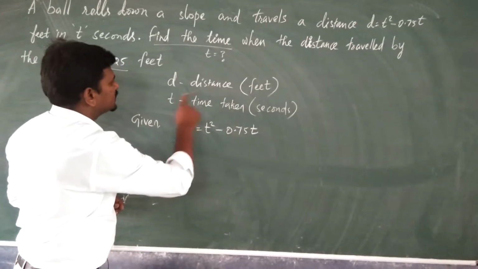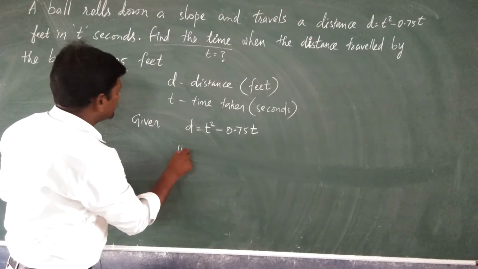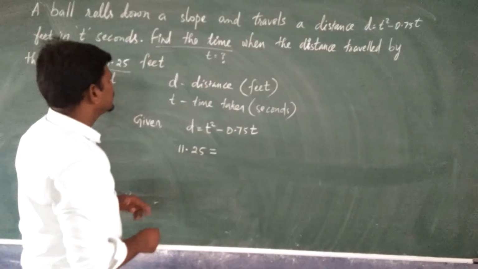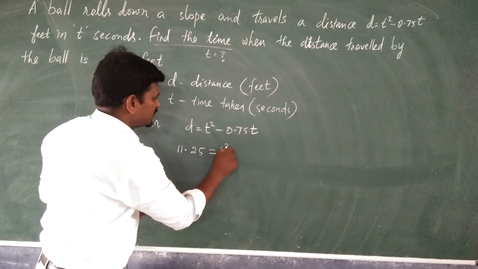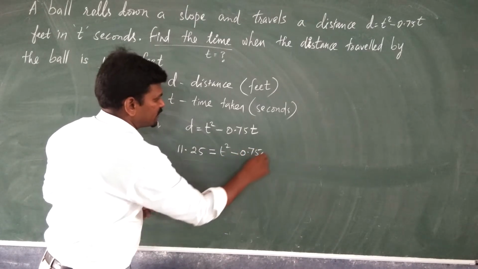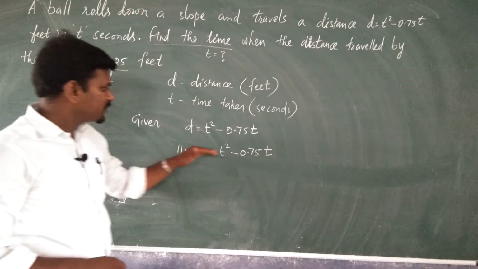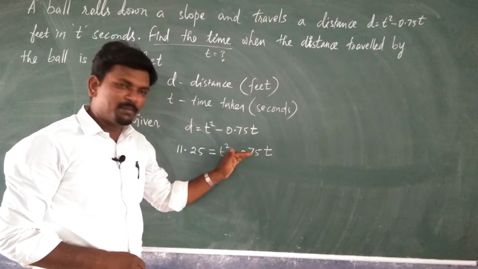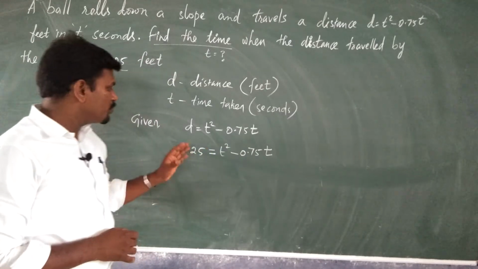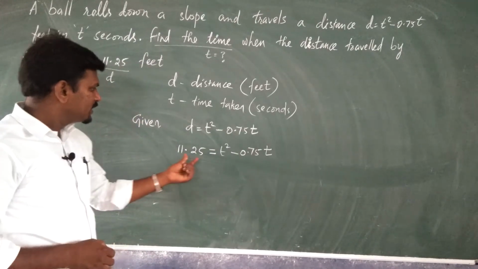Now we are going to change this quadratic function into a quadratic equation. d is equal to the distance, which is 11.25, equal to t square minus 0.75 t. Here the coefficients are in decimal, so we have to make them whole numbers.